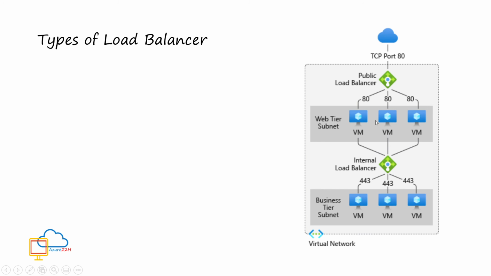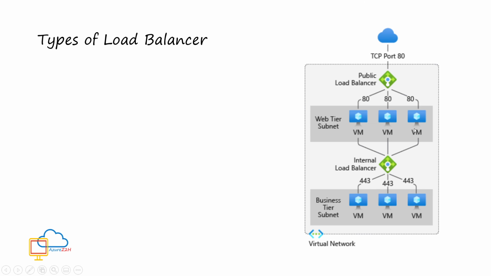So you can imagine the earlier scenario where traffic was getting distributed across 5 web front-end servers. Similarly, internet traffic is coming to the load balancer, and the load balancer is distributing that traffic to these 3 web tier servers.